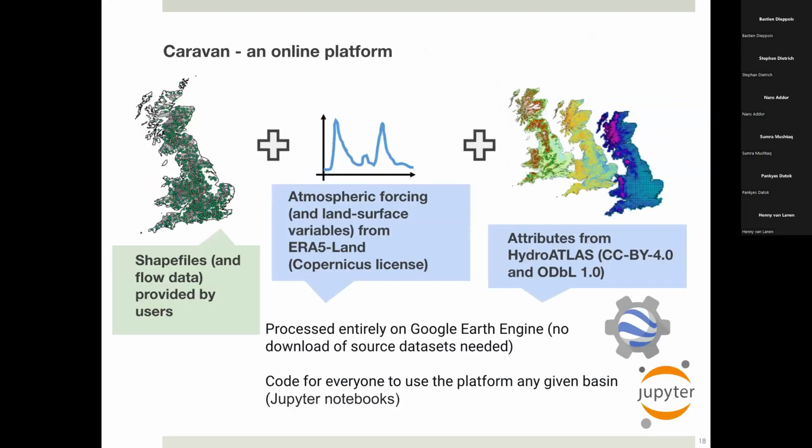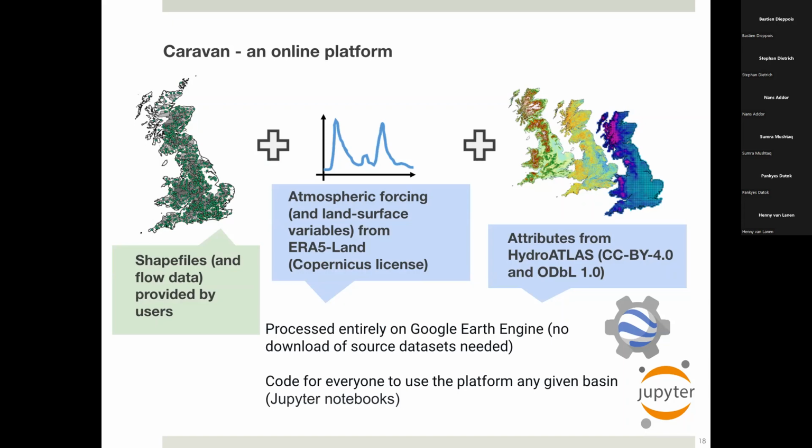So Caravan has two parts. It's an online platform and it's a data set. Let me tell you about the online platform first. The online platform is a platform onto which you can upload shapefiles and flow data, and where atmospheric forcing and attributes will be retrieved.